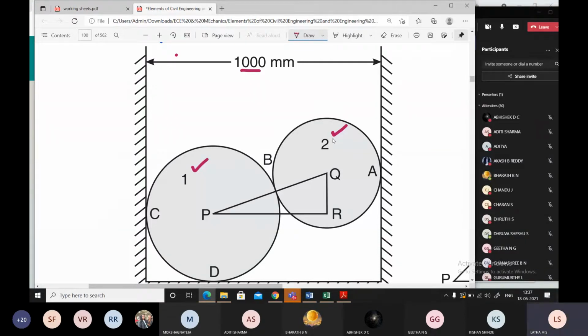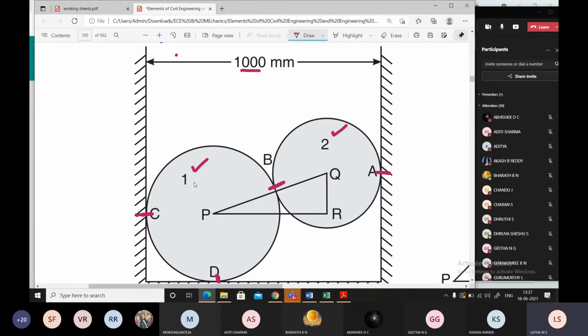Draw the diagram neatly, where you can see the point of contacts. Point of contacts are at A, at B, at C, at D. There are two spheres, 1 and 2, with points of contact at A, B, C, and D.